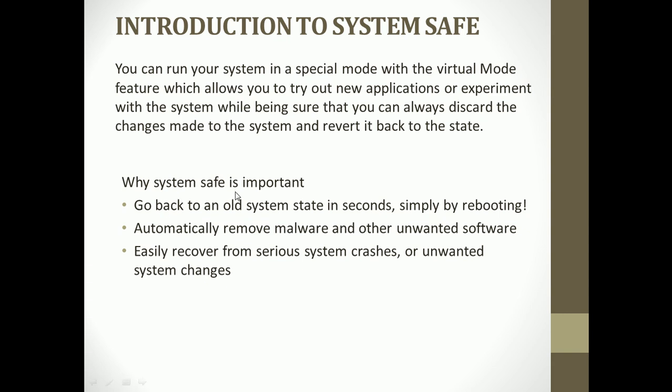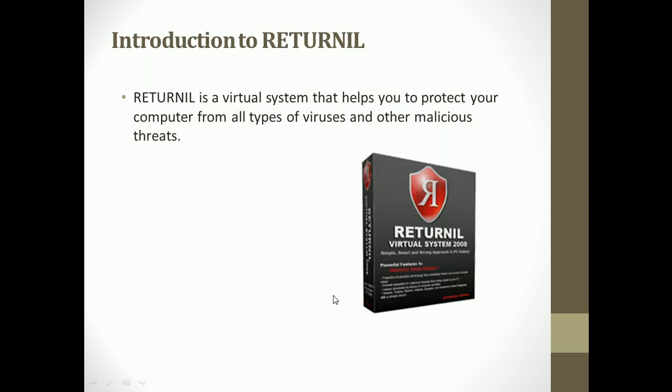So why is system safe very important for us? Because we can go back to an old system state in a second simply by rebooting. Other than that, we can automatically remove malware and other unwanted software. We can also easily recover from a serious system crash or unwanted system change. This is why system safe is very important for us.